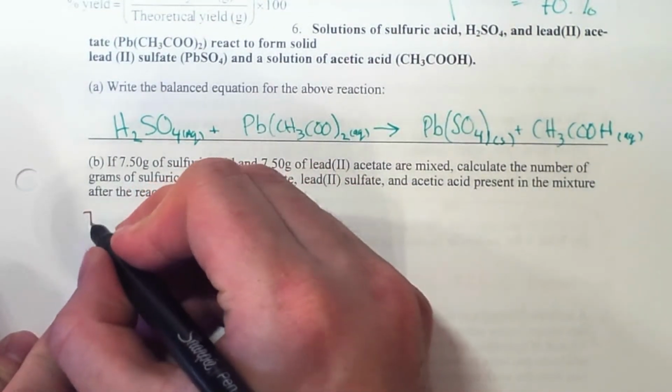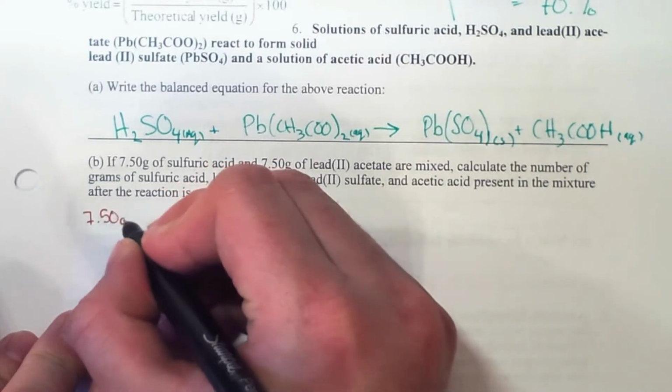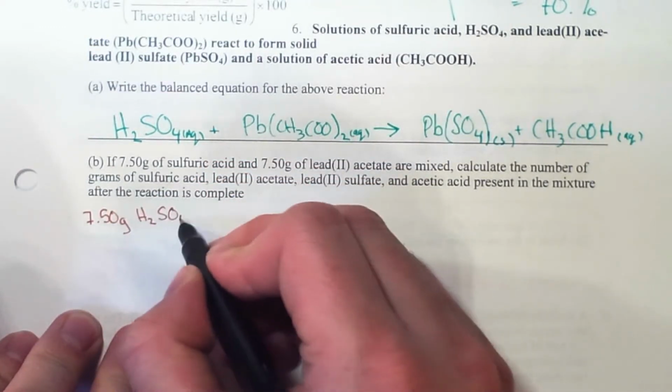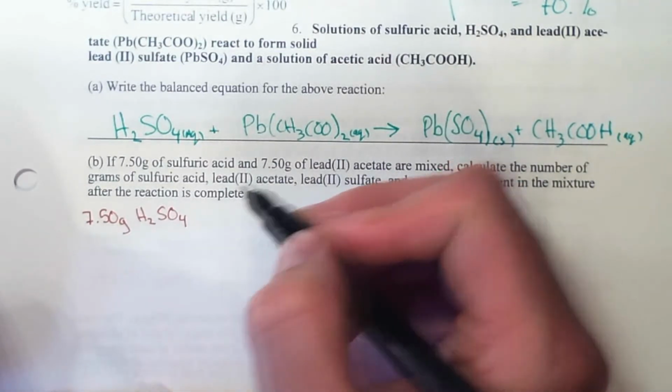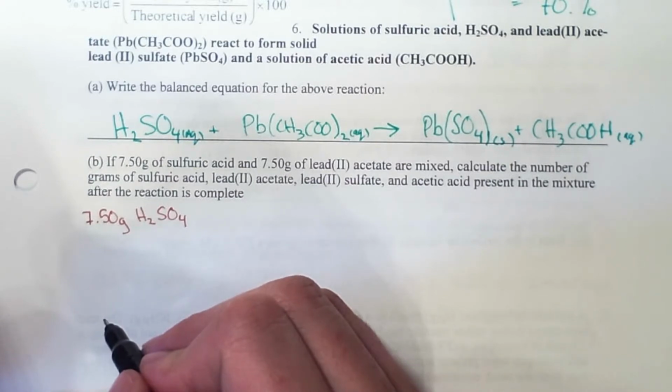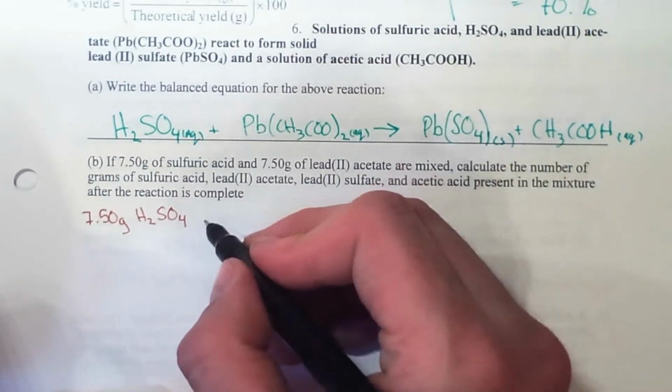So we're just going to start. We'll set it all up. So I have 7.5 grams of sulfuric acid.